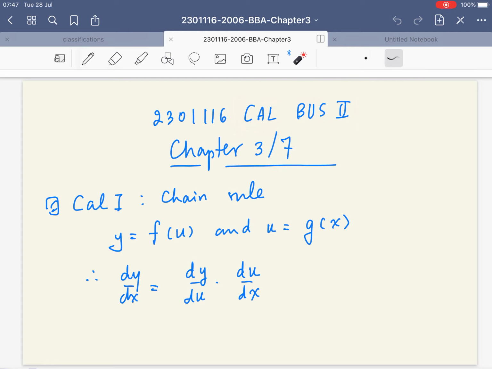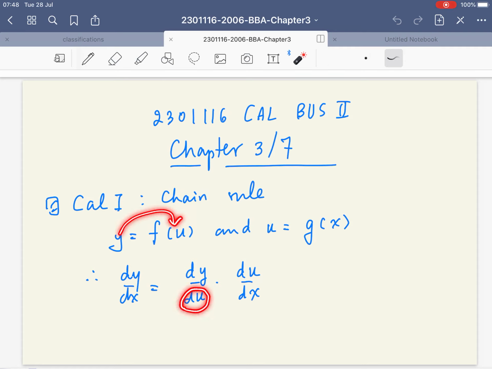Okay. Previously in your Calculus 1, you have learned the so-called chain rule, which states that if your y is a function of u, however your u is a function of x, then actually you can regard your y as a function of x, right? And you can find dy by dx, the derivative of y with respect to x, by going through the u first.